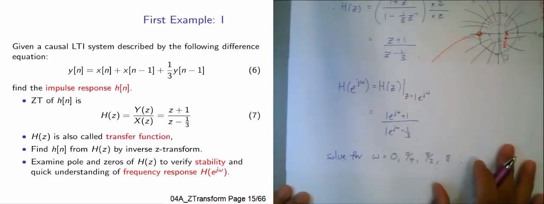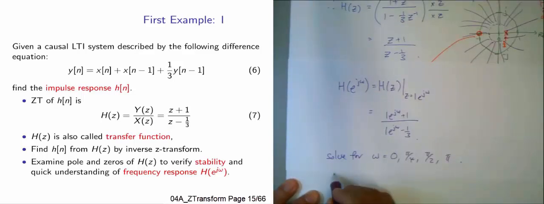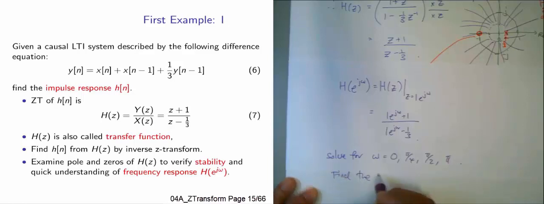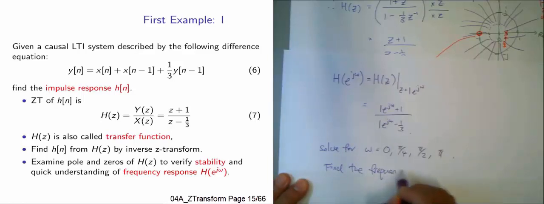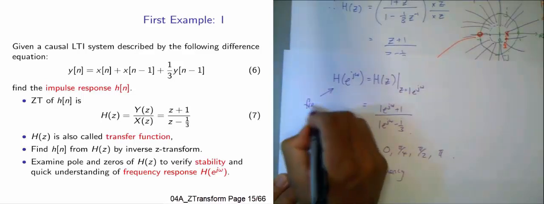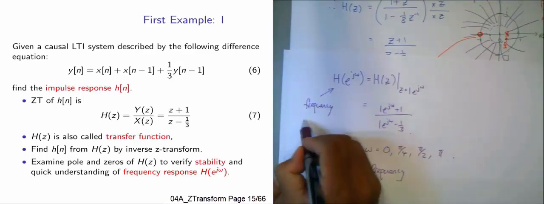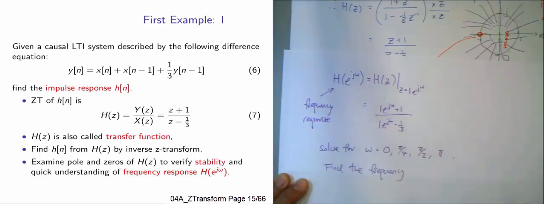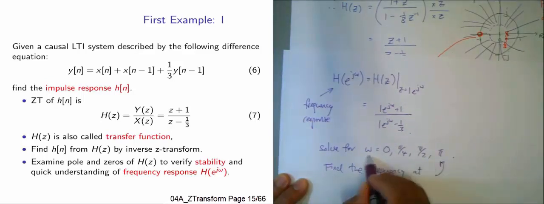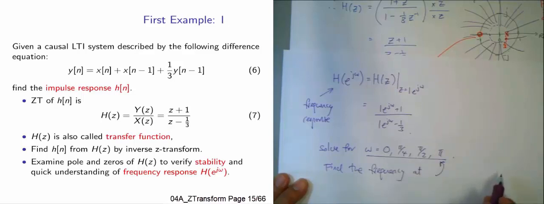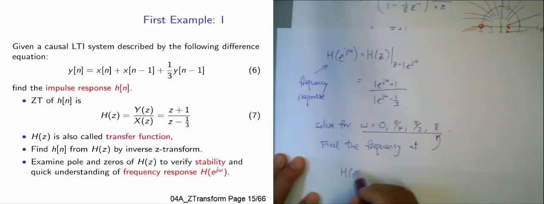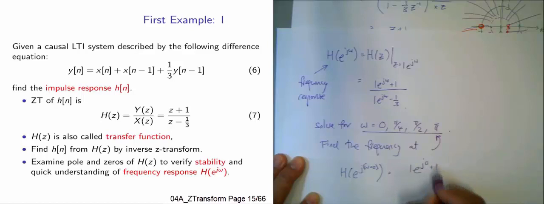And now I ask you, solve for ω equals 0, π/4, π/2, π. What am I asking you to do? I'm asking you to find the frequency response at these values. So now I will solve for ω equals 0. H of e^j0 means (1 e^j0 plus 1) over (1 e^j0 minus 1/3).